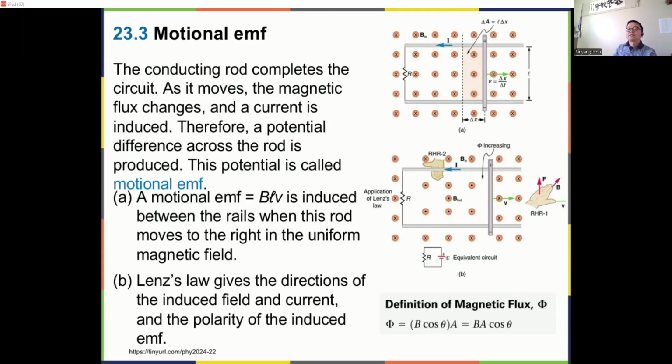The direction of the velocity is the thumb's direction. In that way, the positive charges inside this rod will be pulled upward, so the direction of the current in this rectangular coil will be going counterclockwise. So either you can use your right hand rule 1 or right hand rule 2 to determine the current direction.